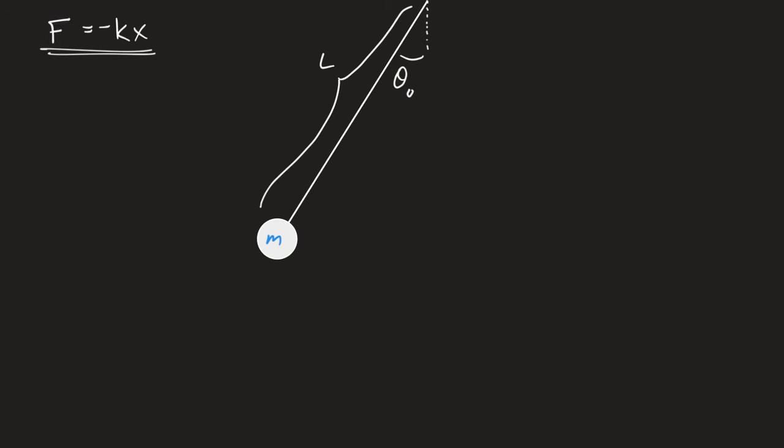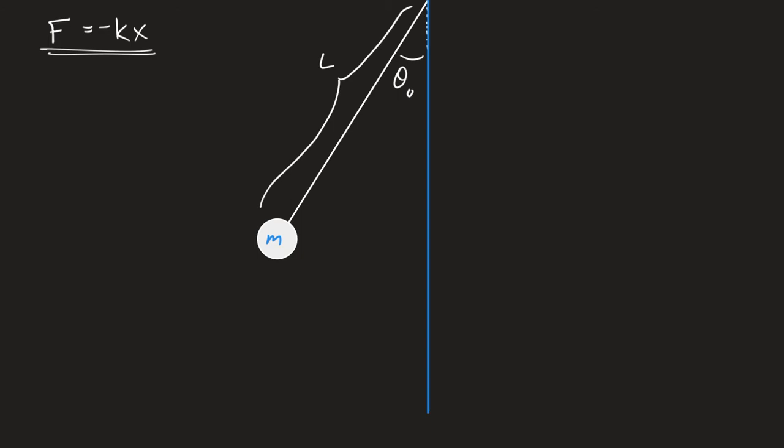So if we want to apply Hooke's law, we want to see if there's a way to express the forces acting on this system in such a way that we get a constant times a displacement. To do that, we need to find a way of measuring the displacement of our pendulum, not in terms of the angle only, but in terms that give us a value in meters.